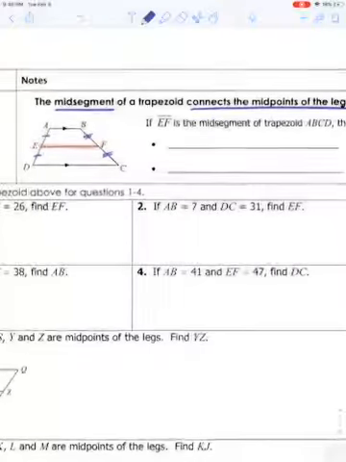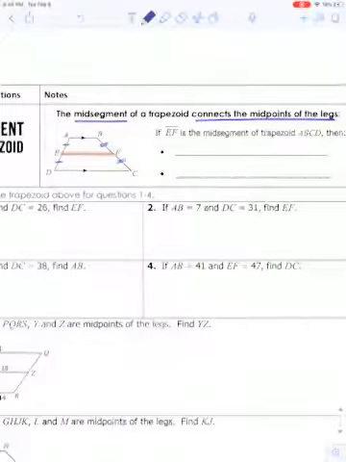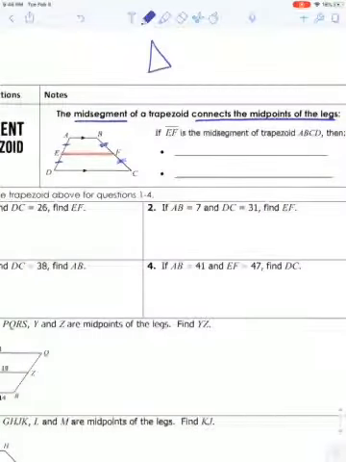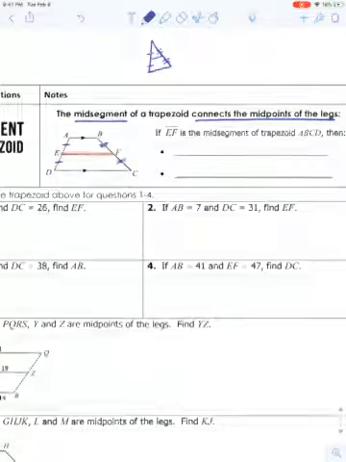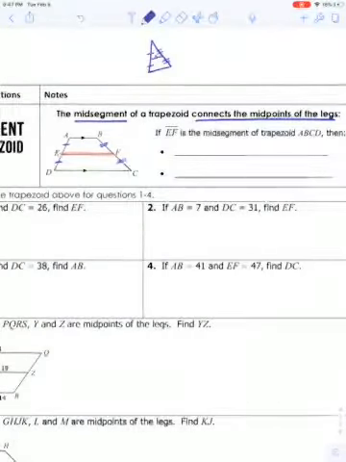It has some important properties, just like the mid-segment of a triangle, if you remember from a long time ago. The mid-segment of a triangle connects the midpoints of the sides, and what's important about it is that it was parallel to the base. That's the same thing in this case.